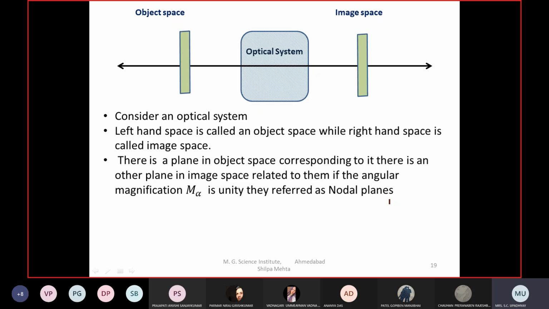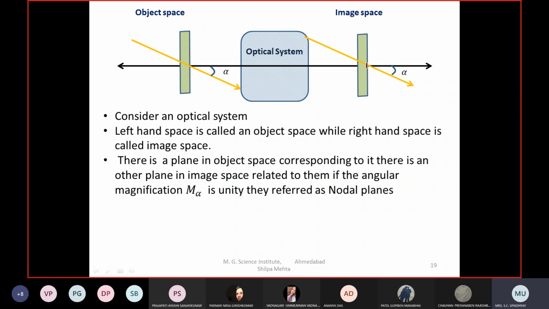Let us understand it from the diagram. Consider a ray incident on the optical system, and it makes angle alpha at this point on the nodal plane. Suppose the same ray emerges from the optical system, and when it comes out from this image space nodal plane, it has the same angle alpha.